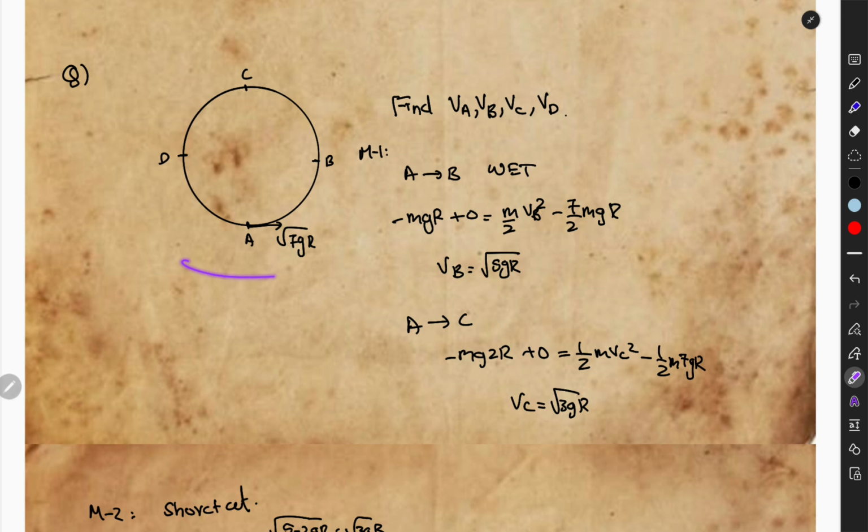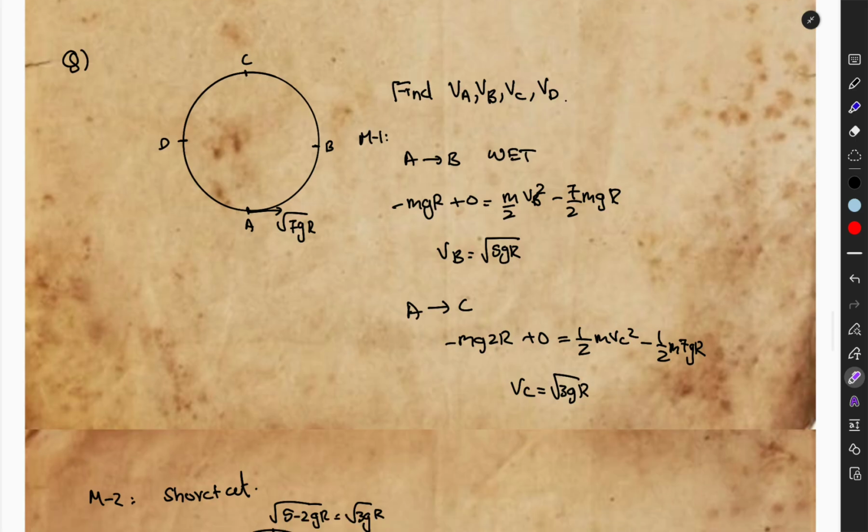So in this question, that's what I've said. We need to find velocity at a, velocity at b, velocity at c, velocity at d. From a to b we need to apply work energy theorem, from a to c we need to apply work energy theorem. That's one way of getting it. I hope you have got an understanding of how to do these kinds of things.